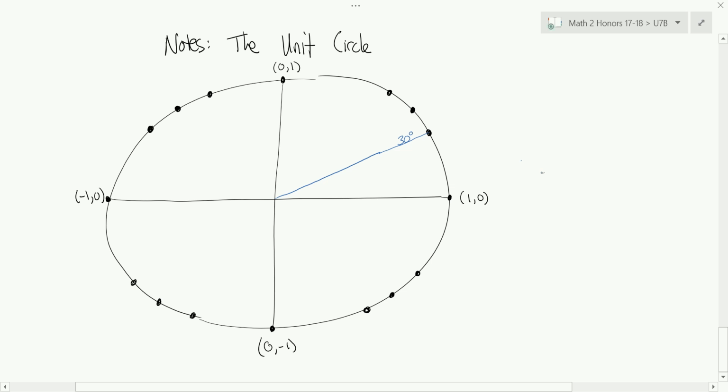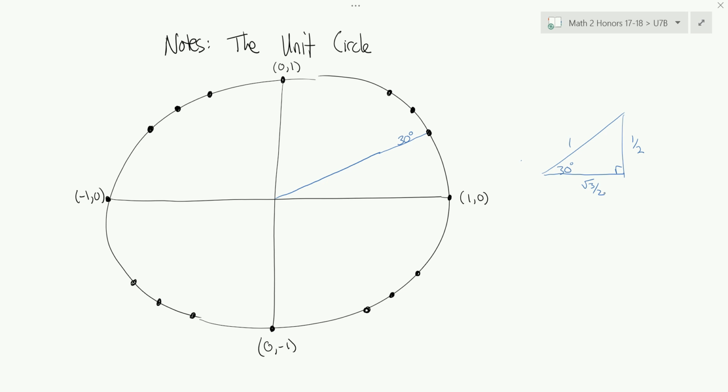If we draw a 30, 60, 90 right triangle outside the circle with a hypotenuse of 1, we know that the side opposite is 1/2, and the side adjacent to 30 is √3/2. And we can use that to find the coordinate of that point.